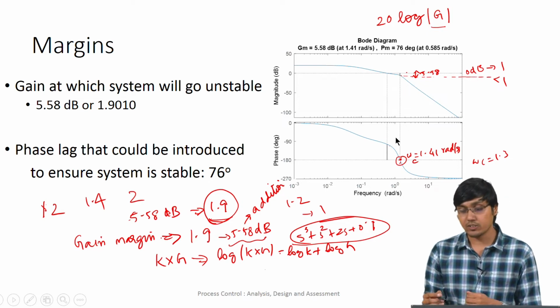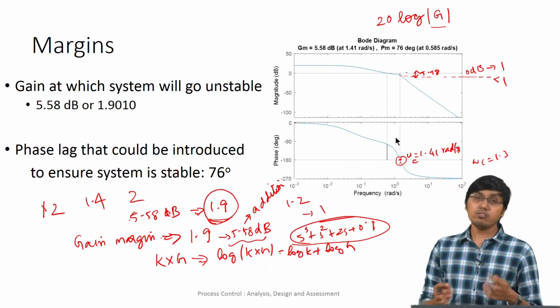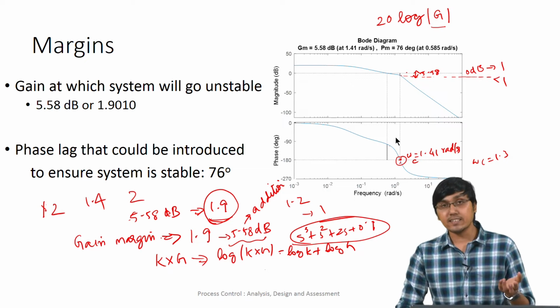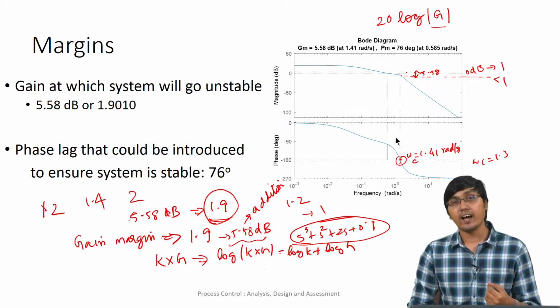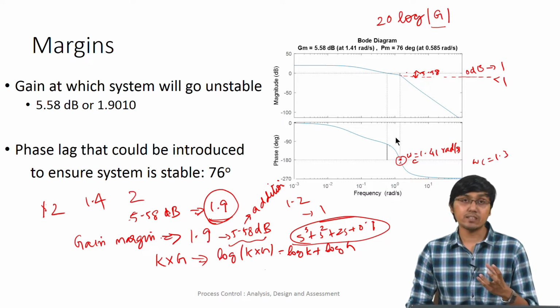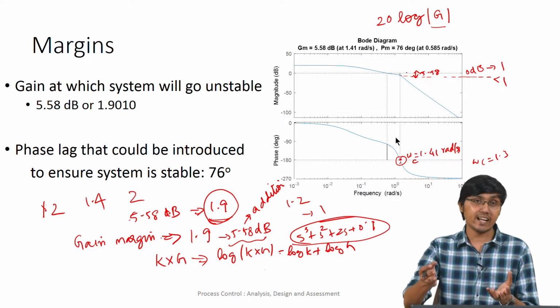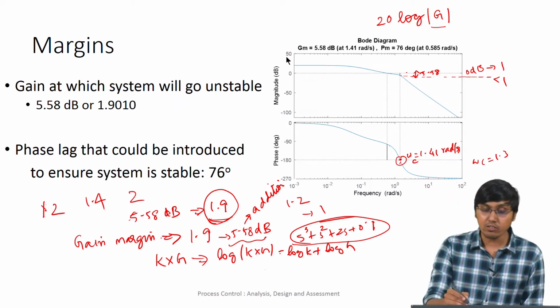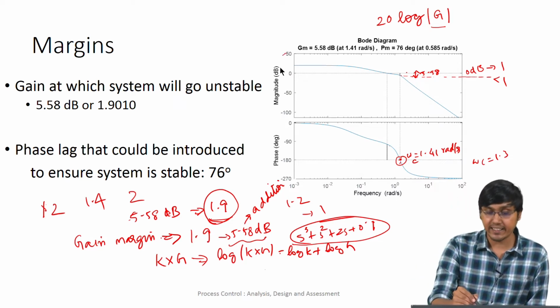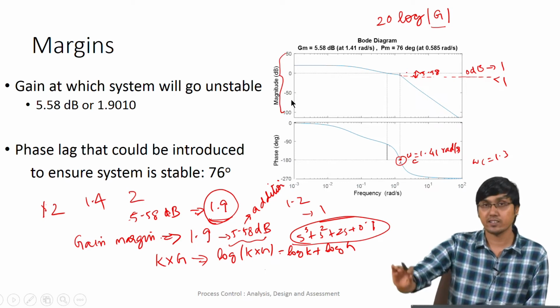Okay, so now we ask the question: what is the extra phase lag that I have to introduce so that the system will go unstable? Forgetting about the gain, let us say the gain plot is fixed.